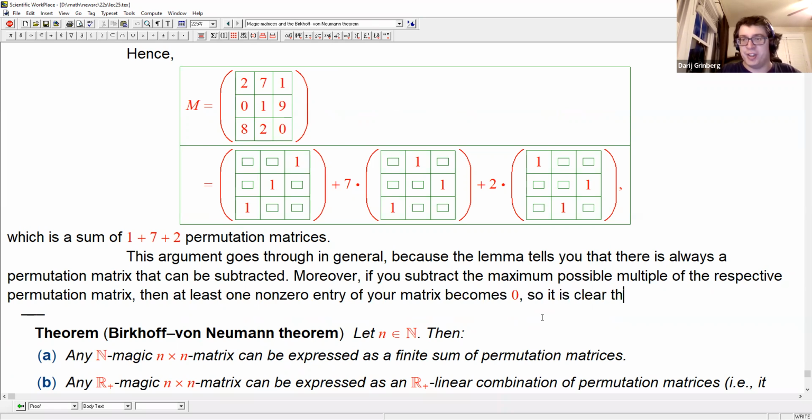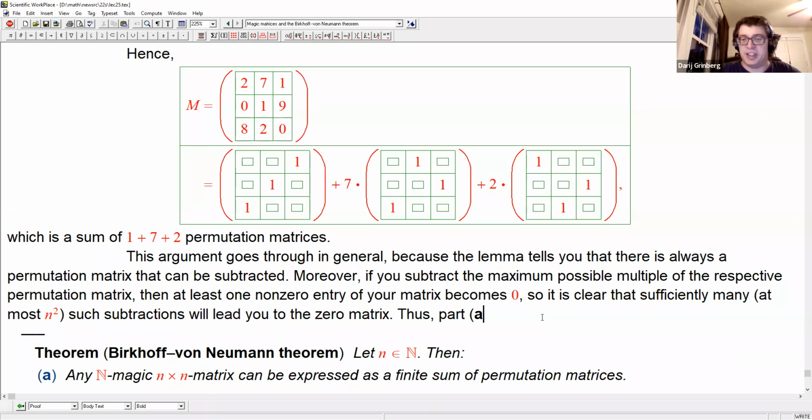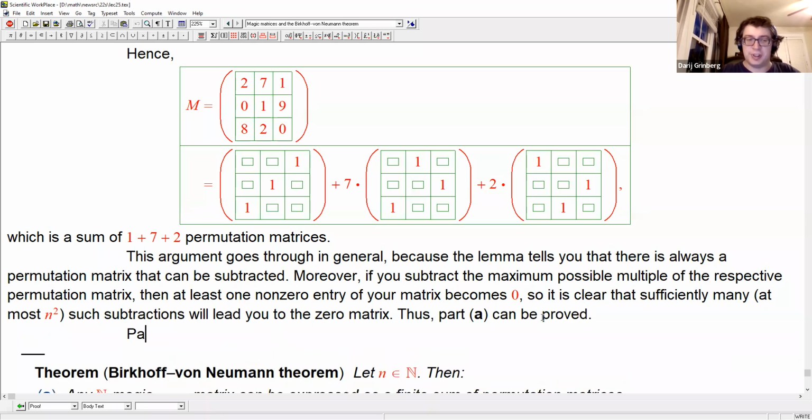So it is clear that sufficiently many, actually at most n squared, such subtractions will lead you to the 0 matrix. Thus, part A can be proved, and part B is analogous.